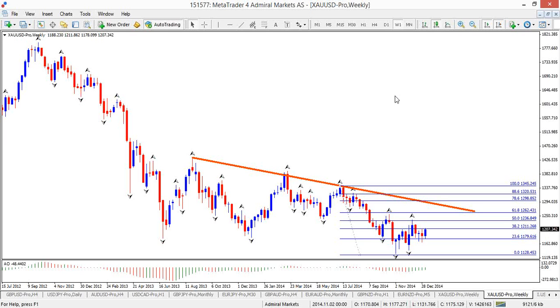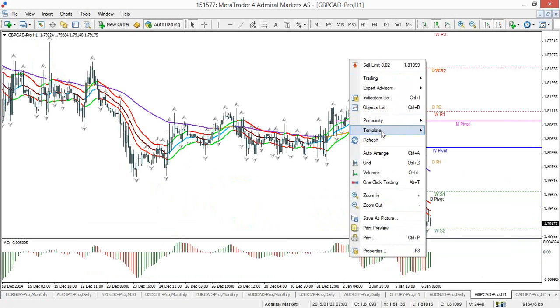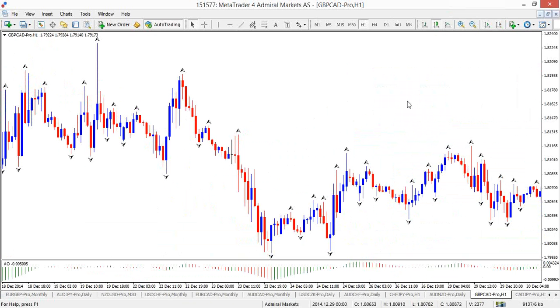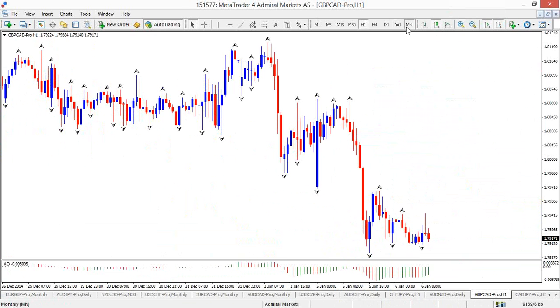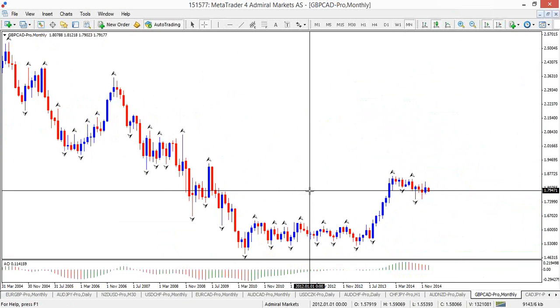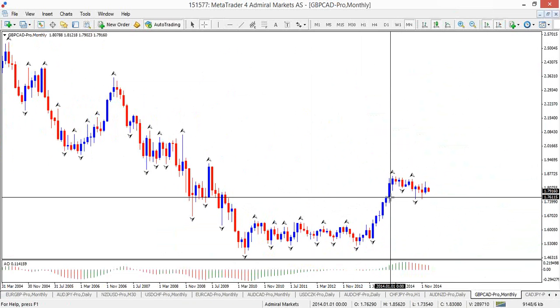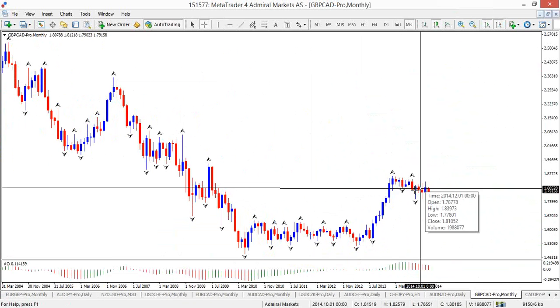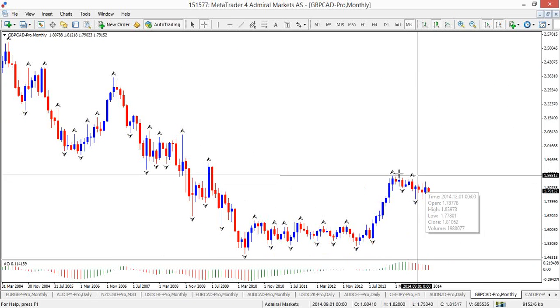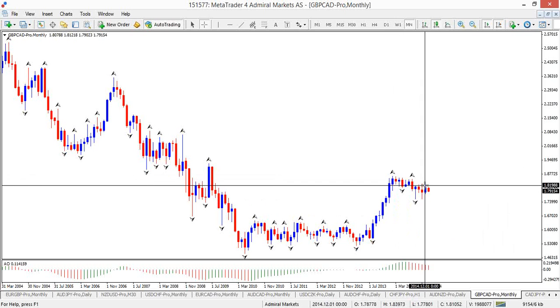Let's see, what else? What are pairs we can look at? Pound CAD, for instance. I don't know if you have any particular pair in mind to look at. I mean, we don't have to look at the yearly stuff for every single pair, but the pound CAD, for instance, when looking at the monthly candle here, you see that the open was about here, the close was about here, so there's a slight bullish candle, with a pretty big wick at the top.